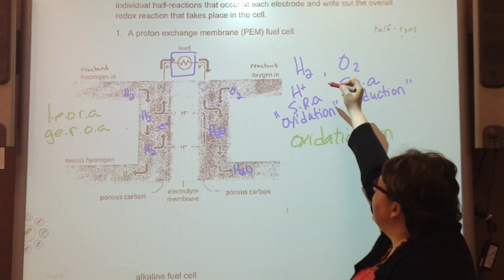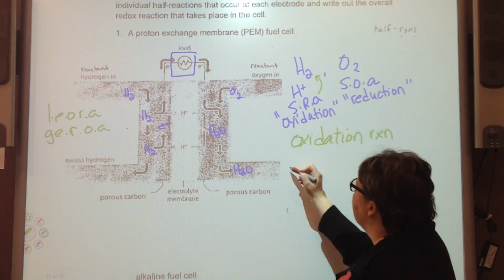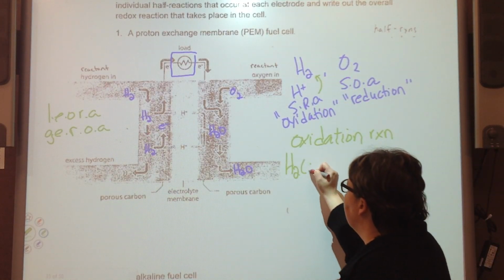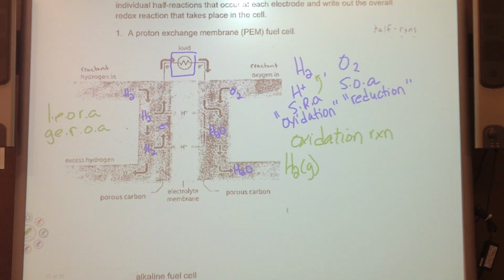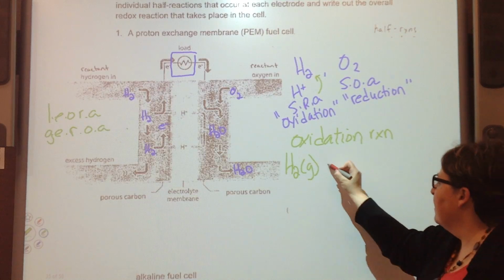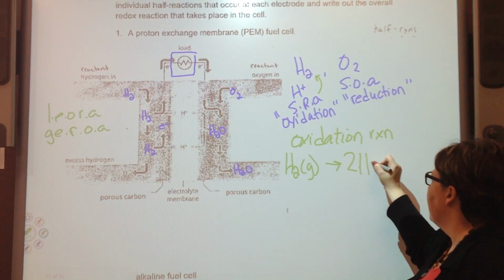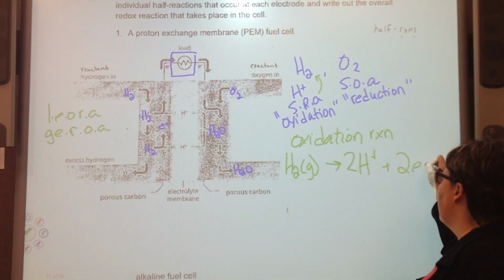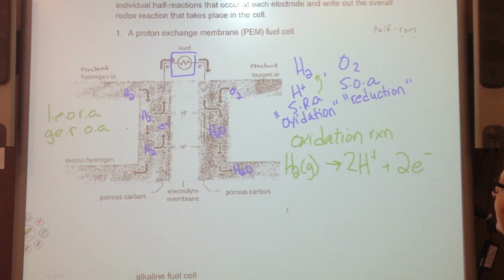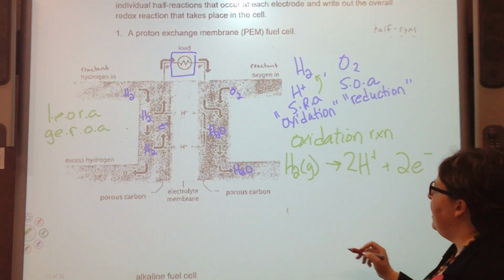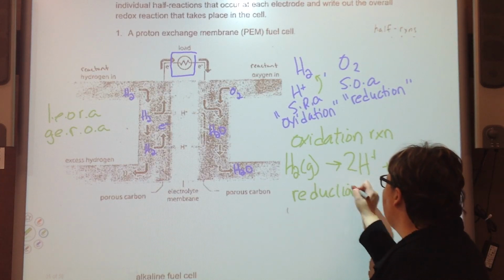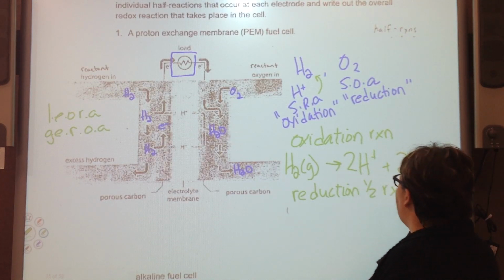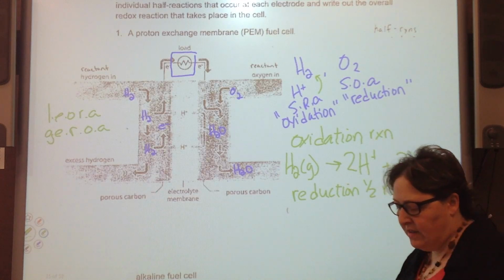This is my reducing agent. H2 is a gas at 0. 2H plus, 2 electrons, right? And my oxidizing agent or my reduction half reaction is going to involve oxygen.